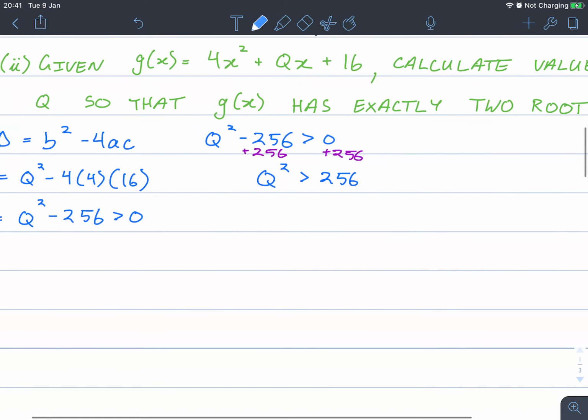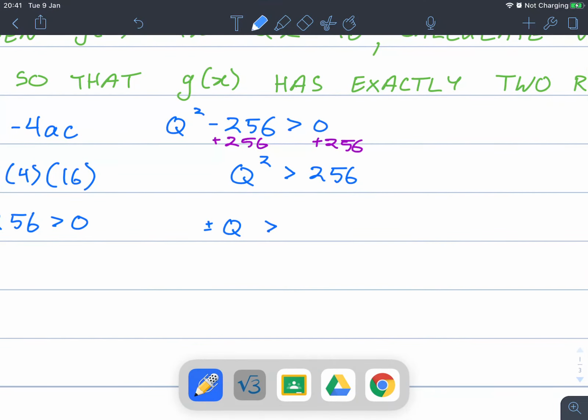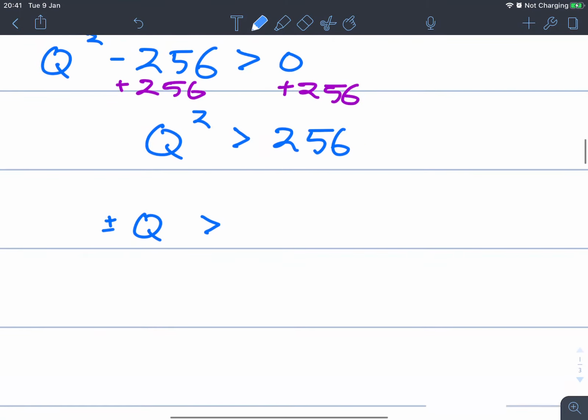Now I'm going to solve for q. Q, positive or minus, is greater than the square root of 256, which is 16.